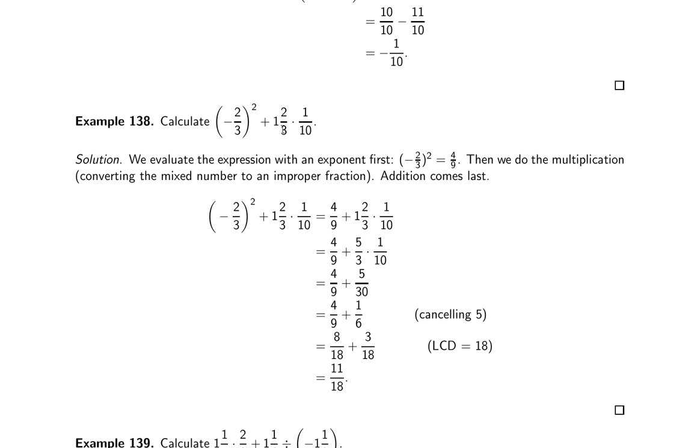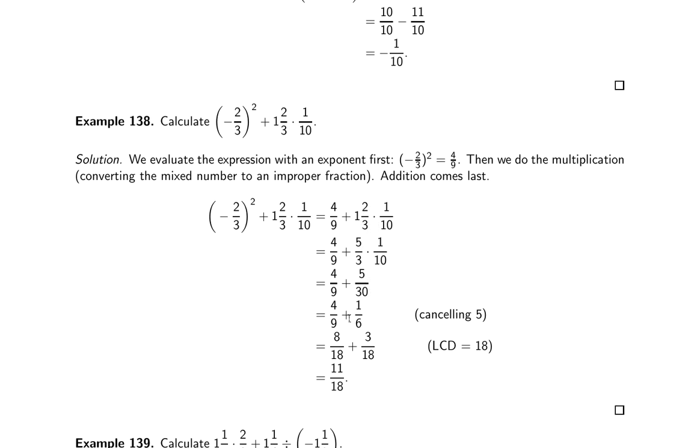All right, and more examples here. There's an exponent, there's an addition, and there's a multiplication. So we'll take care of the exponent first. You get 4/9. Take care of the multiplication next. We need to convert this mixed number into an improper fraction. Multiply to get 5 over 30.